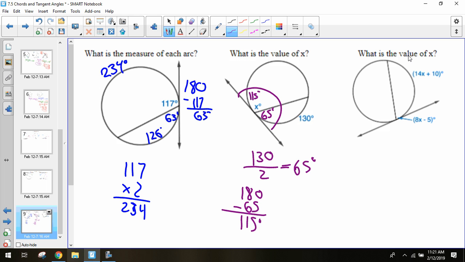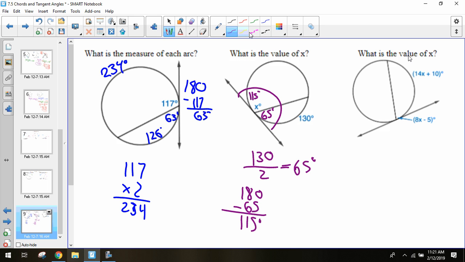What about that last one? I just don't know how you would set it up. So what's our rule about angles and arcs with this one? The arc is twice the angle, or the angle is half the arc.